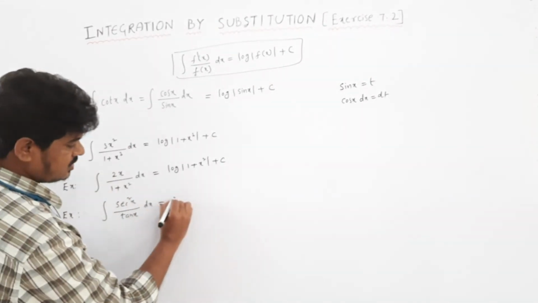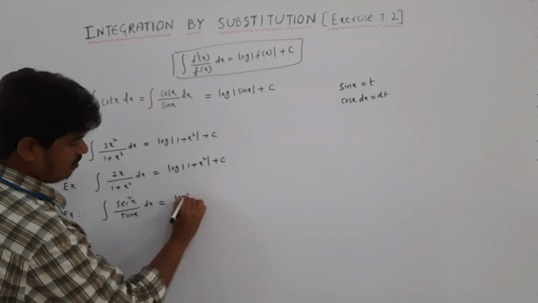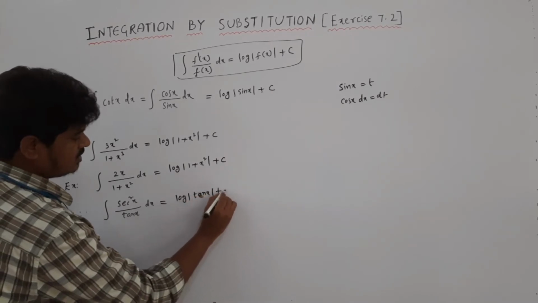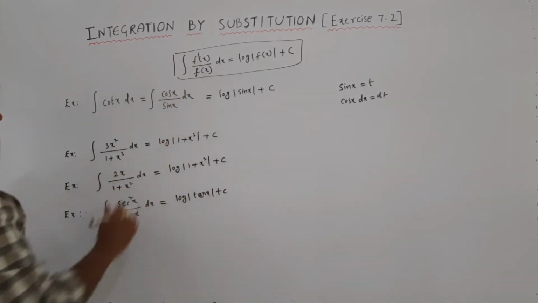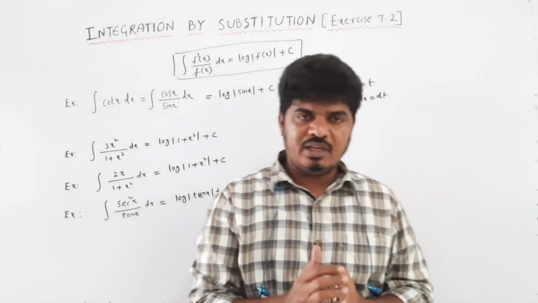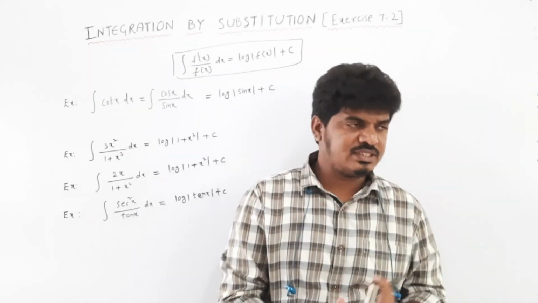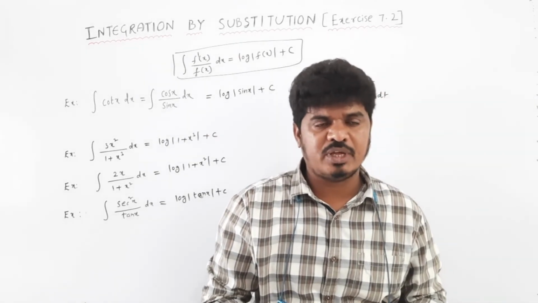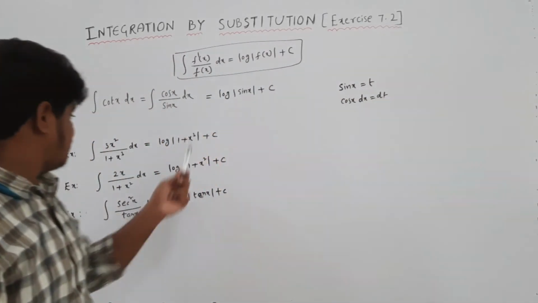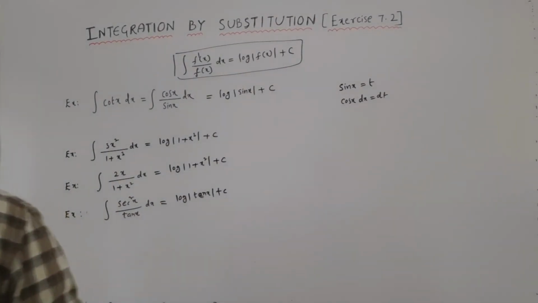So the answer is log of mod tan x plus c. This formula was given in list 3. Already I sent the proof also, but I did not explain. Just remember that formula. On this formula I said these 4 examples.